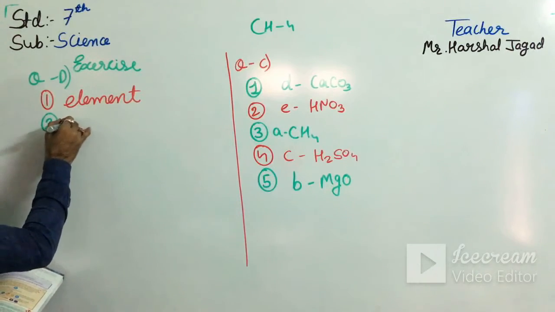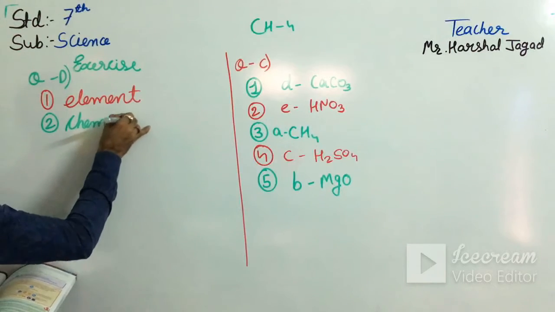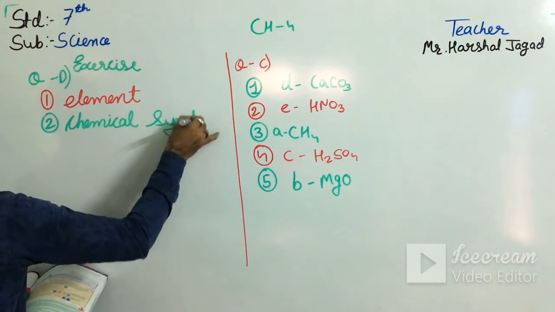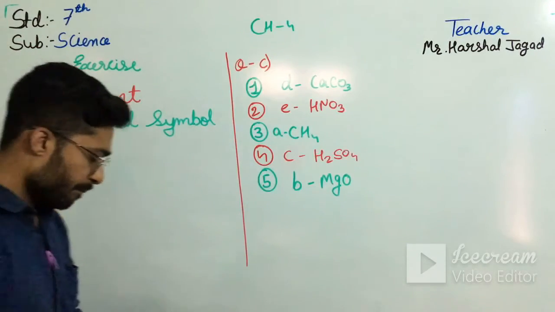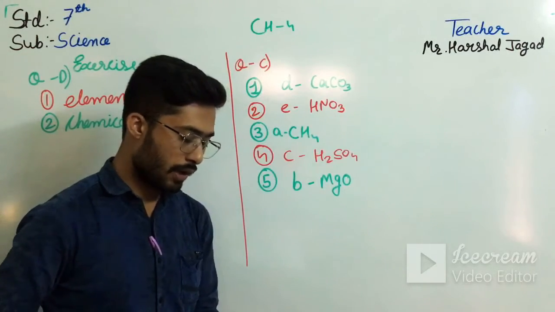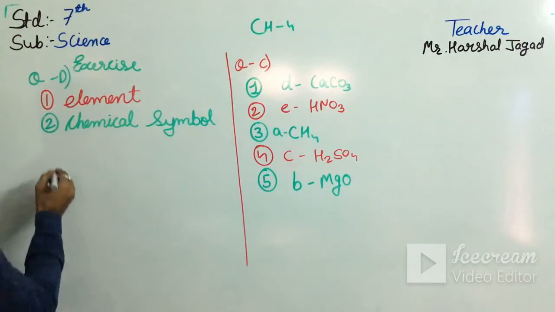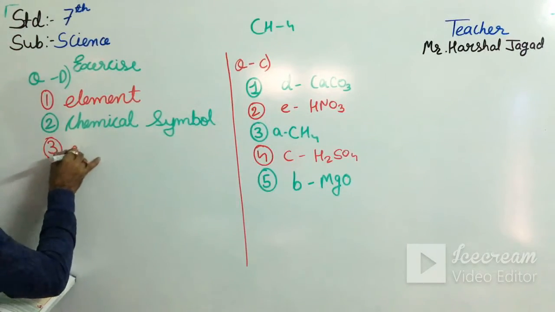Chemical symbols. And third one, the number of atoms present in one molecule of an element, it is known as its atomicity. Third one, that is atomicity.